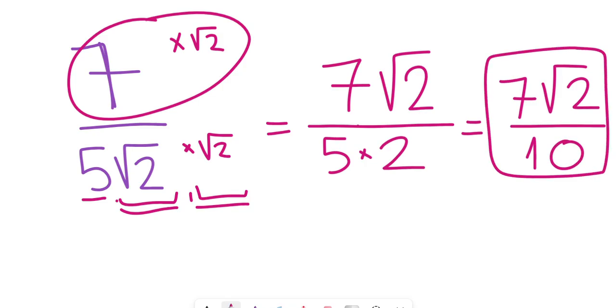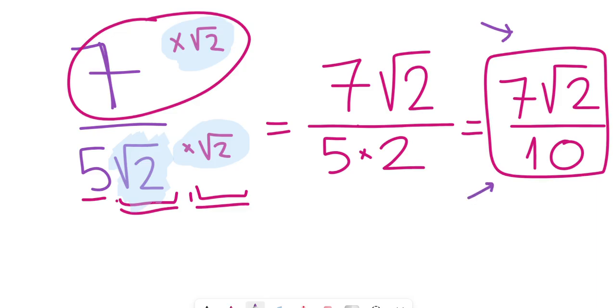Done. So the only one that we wanted to get rid of is radical 2. To get rid of radical 2, we multiply by radical 2 our numerator and denominator. So now we have 7 radical 2 over 10.